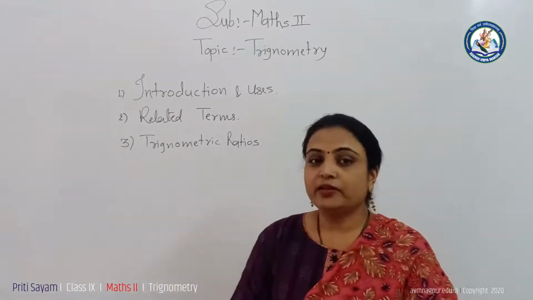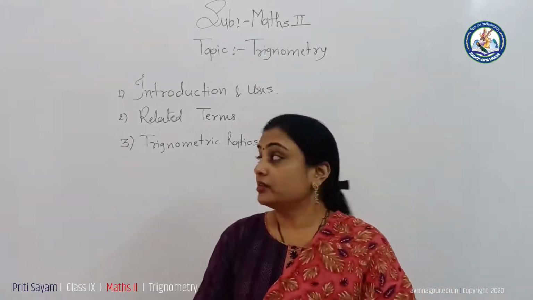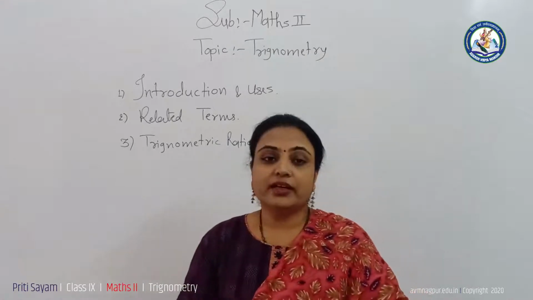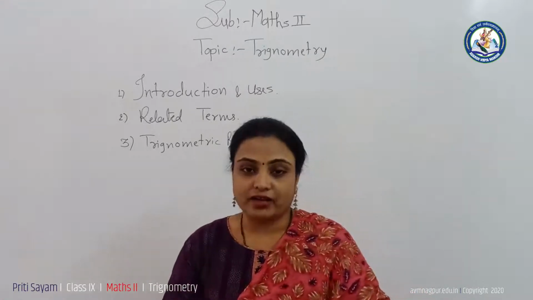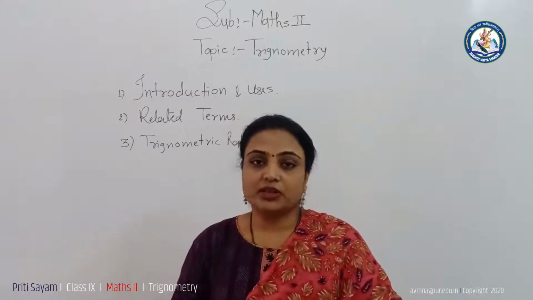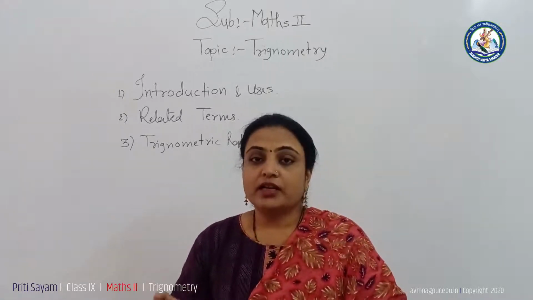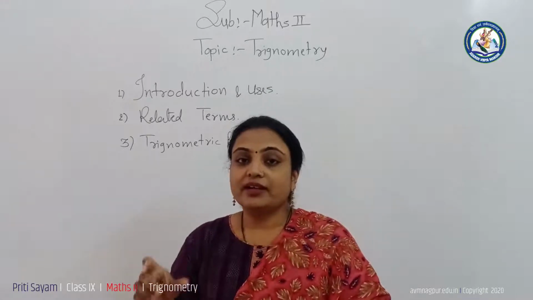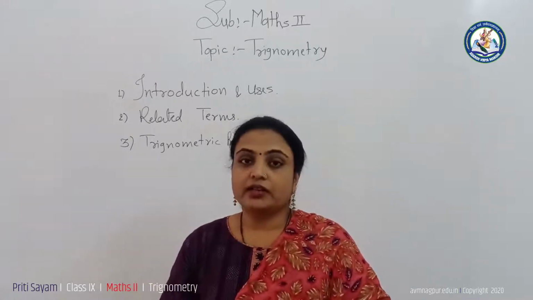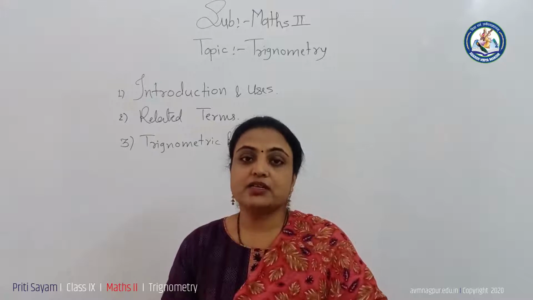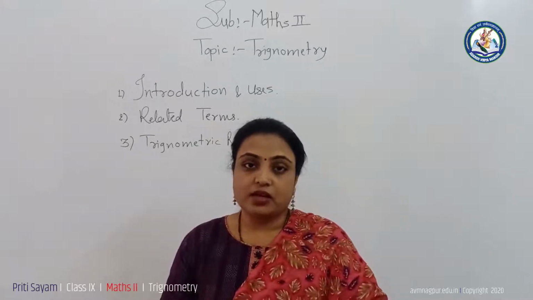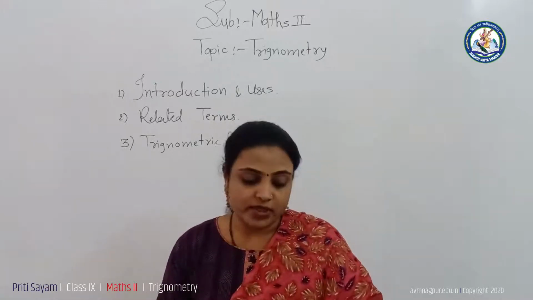Now, trigonometry is related with triangles. As we have studied triangles, trigonometry is based on that. It is first related with right angle triangles, then the Pythagoras theorem and similar triangles. So we study these 3 points now.